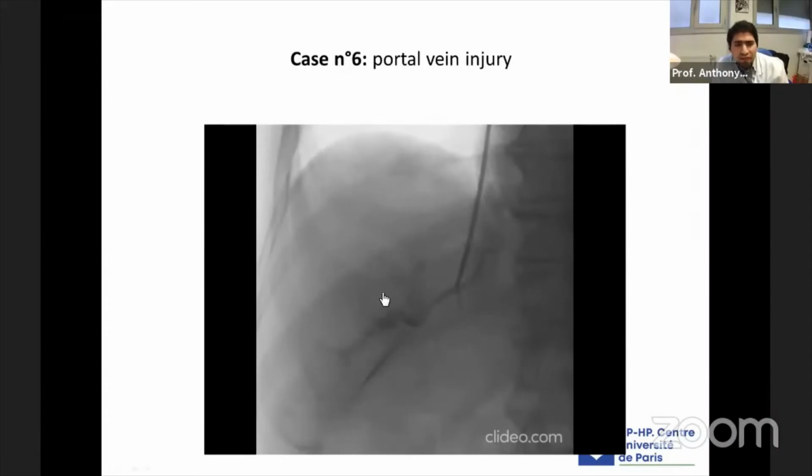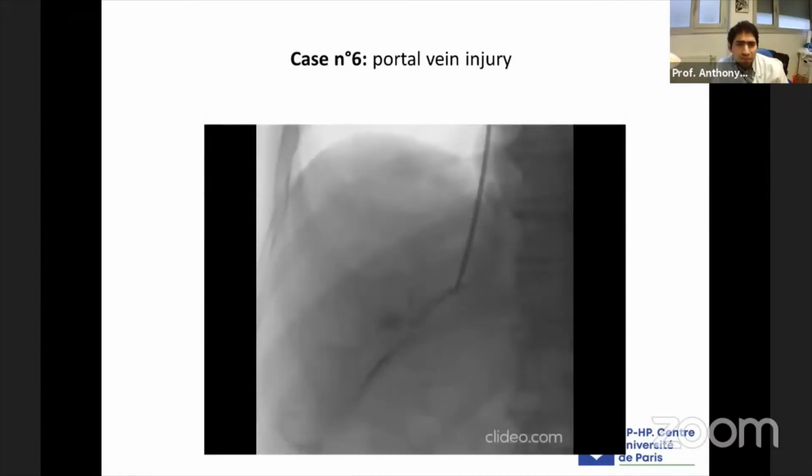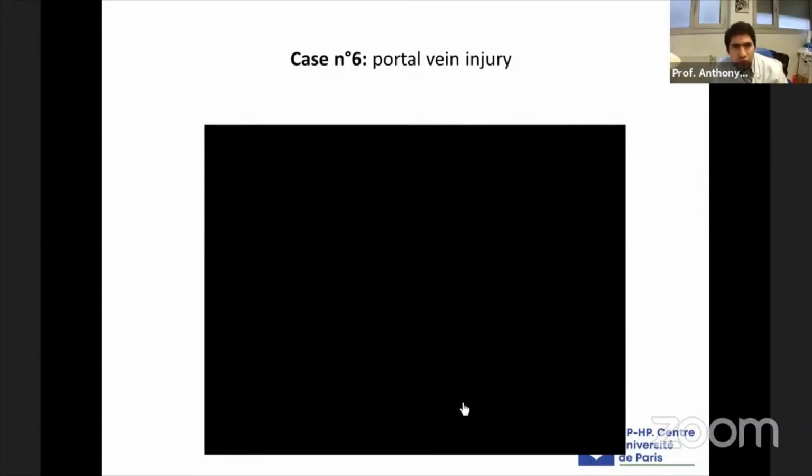So in this case, I do not recommend performing any embolization. You risk sending your gelatin sponge or your coils into the portal system, and there is no need to do that. If you don't stent or dilate the tract you made between the vein and the portal system, it will close by itself, and you won't have any complication from that.